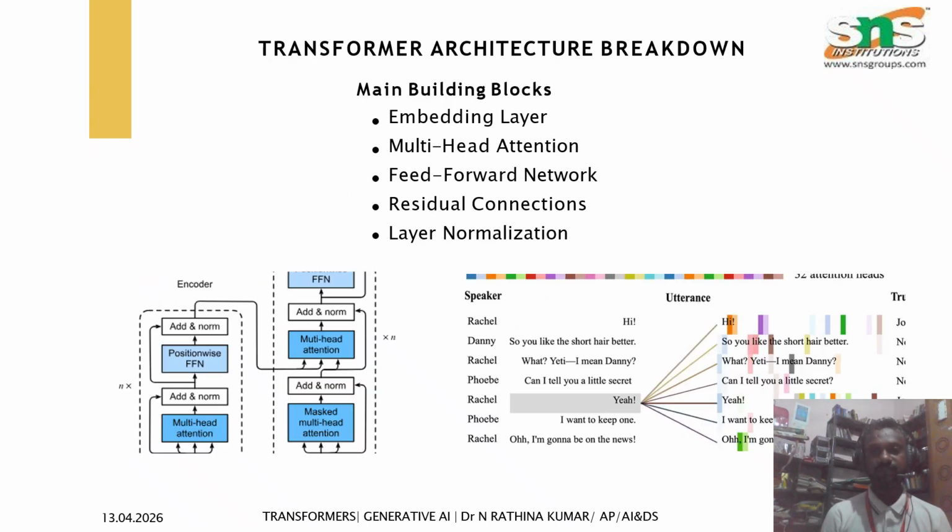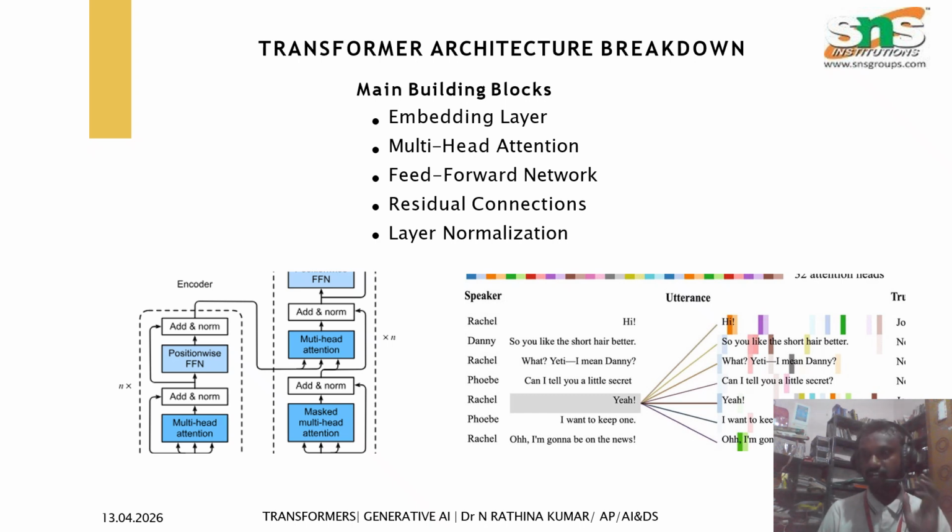Transformer architecture breakdown. Main building blocks, for example: embedding layer, multi-head attention, feed-forward network, then residual connections, then layer normalization. Before we see the next slide, I'm going to give a short introduction. What is meant by the self-attention mechanism?